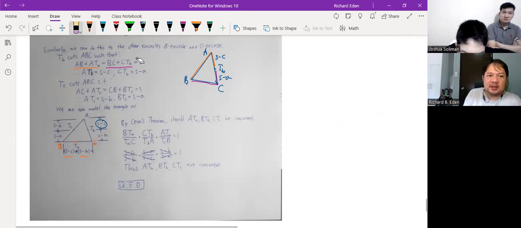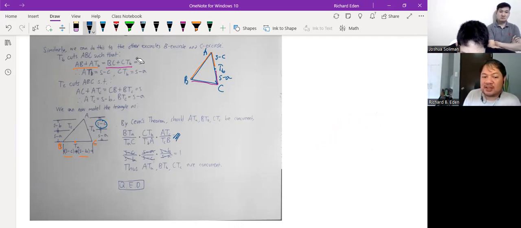So it's an argument by Ceva's theorem. Better to go from left to right: B T sub A over T sub A C, times C T sub B, and so on. You have the product of the three ratios on the left side, and what we want is to show that it is equal to 1. B T sub A is S minus C, and then we continue.